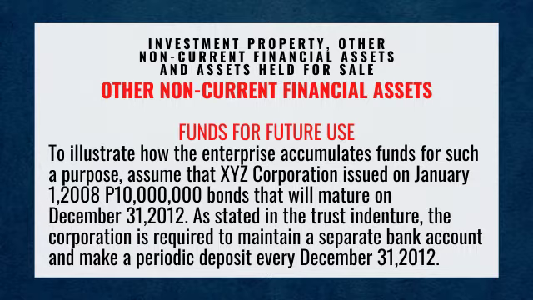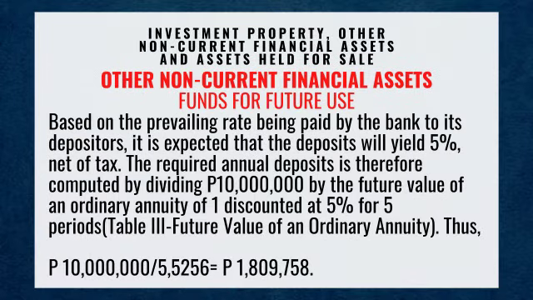As stated in the trust indenture, the corporation is required to maintain a separate bank account and make periodic deposits every December 31st until 2012. Based on the prevailing rate being paid by the bank to its depositors, it is expected that the deposits will yield 5% net of tax.